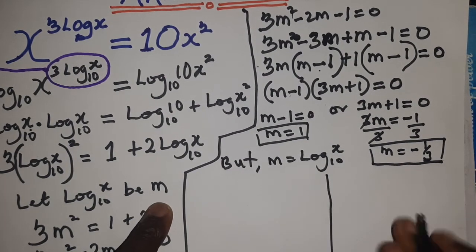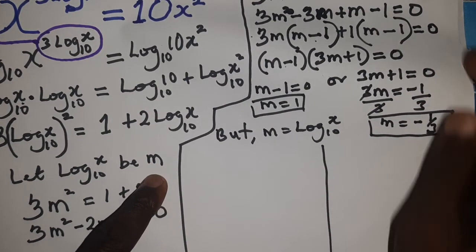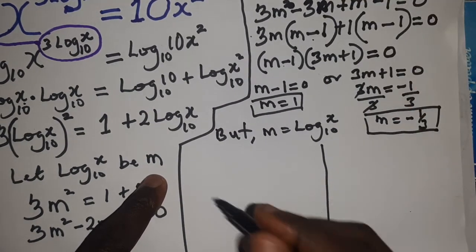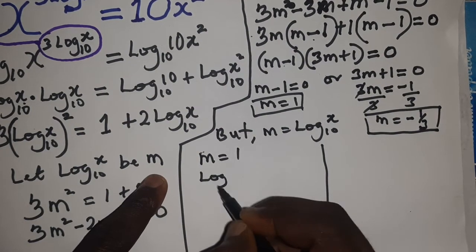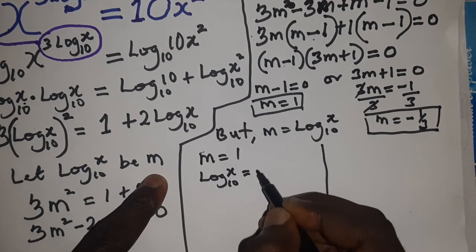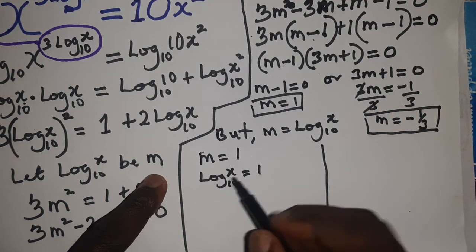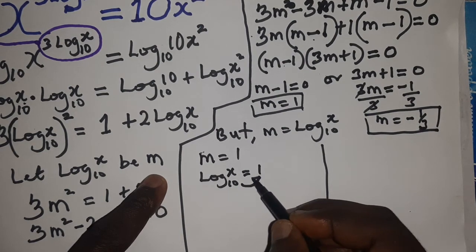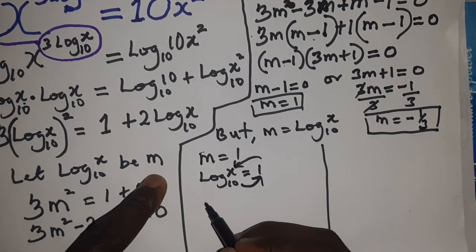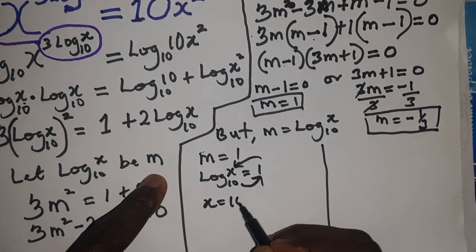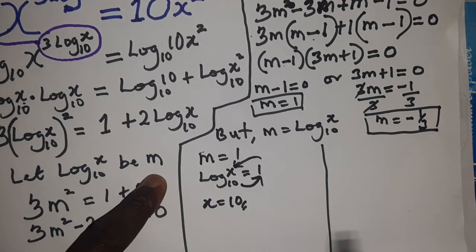So let me continue this way. So we now know that m, for this part, m equals 1. That means log x base 10 equals 1, since m is log x base 10. Then we know that 10 raised to the power 1 must give us this x here. So now have x equals 10 raised to the power 1, which is still 10. So that's our first value.